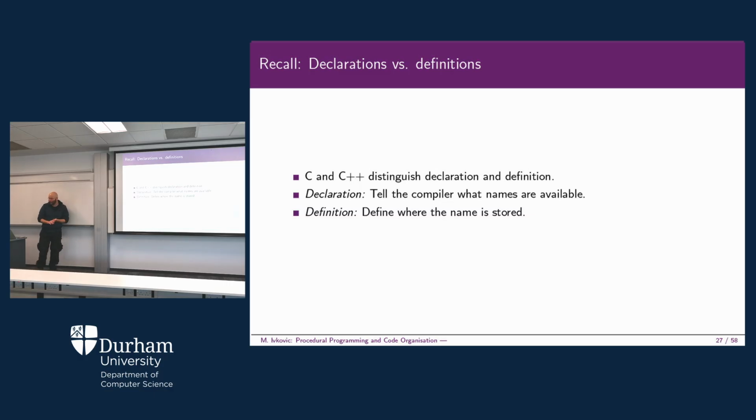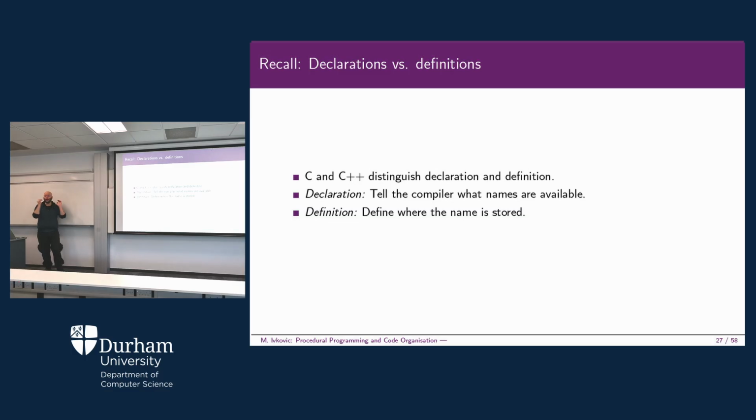So to begin with, just a quick reminder. In C and C++, we distinguish between a variable or a function's declaration and definition. Now, a declaration is telling the compiler this name for a variable or function, or the symbol, is going to be available, and it's going to have this signature, right?